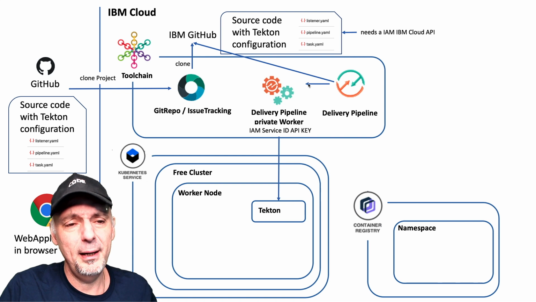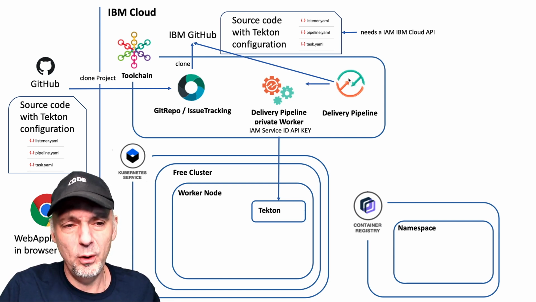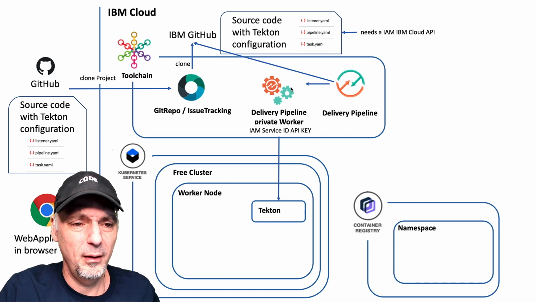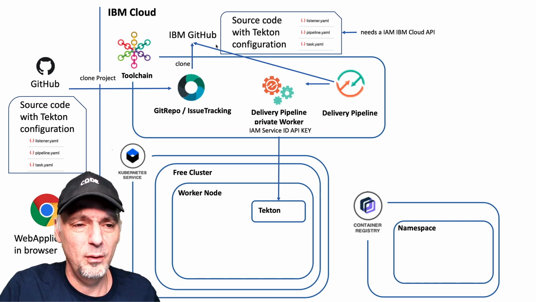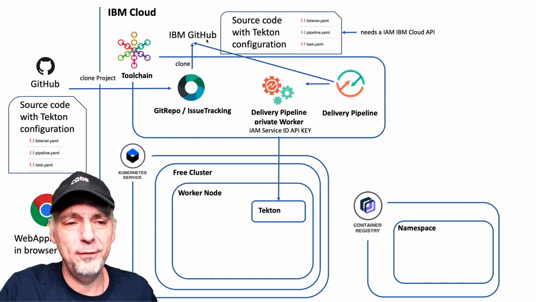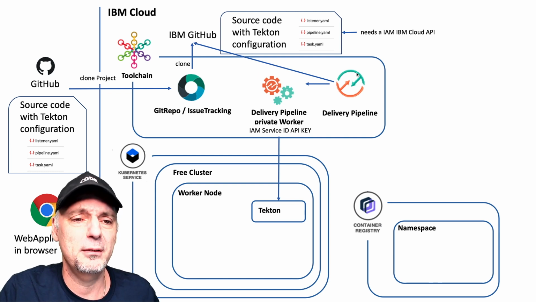The delivery pipeline tool now knows, we configured it, where to run the Tekton pipeline, with the delivery pipeline private worker, and it knows how to configure the Tekton pipeline, because here we get the configuration information directly from the GitHub project.